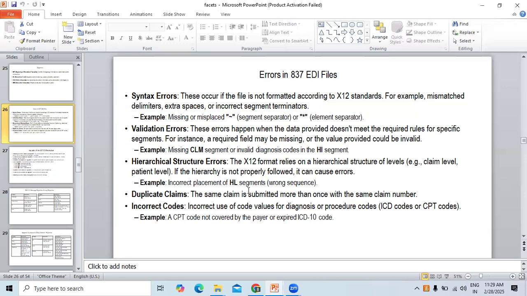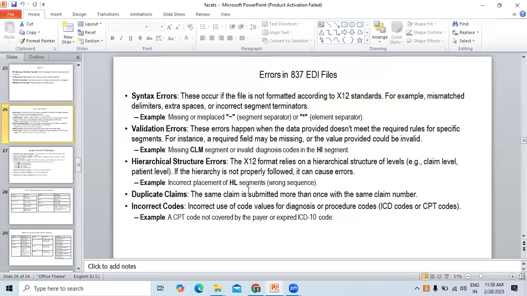This may consist of comma continuation, extra spaces, or incorrect segment terminators, etc.